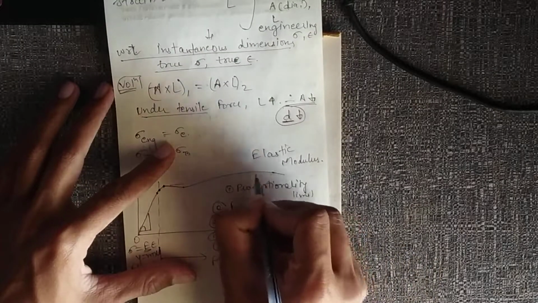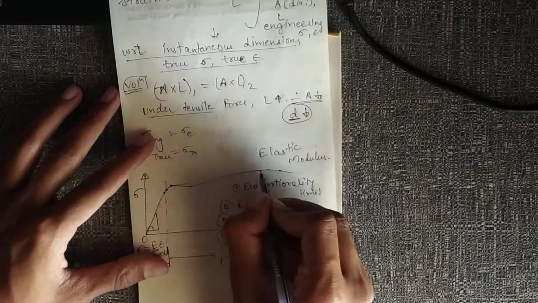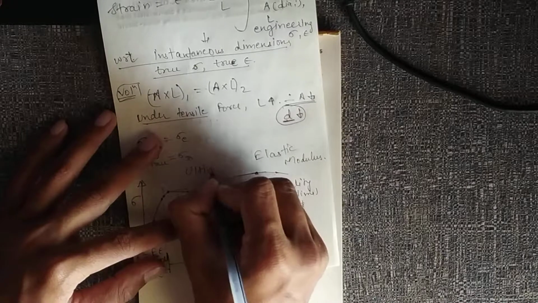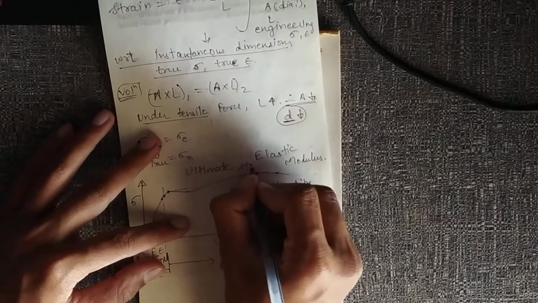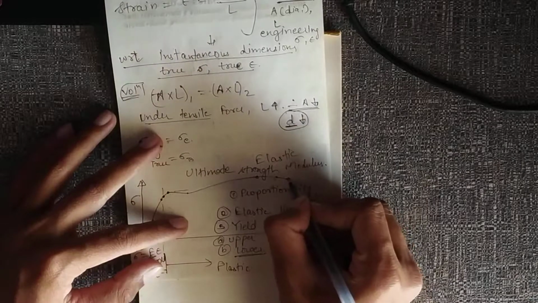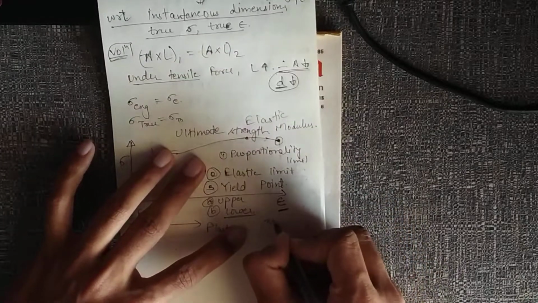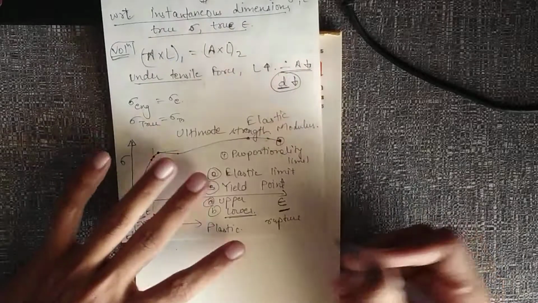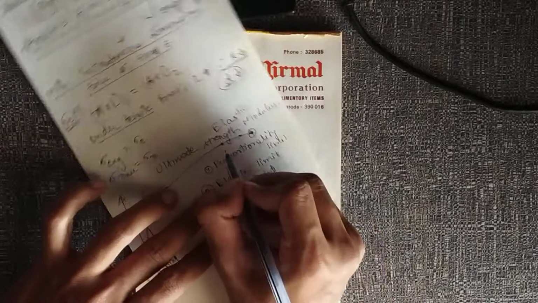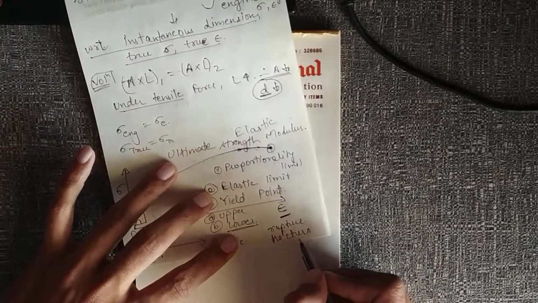The highest point on the curve, where the highest stress occurs, is called the ultimate strength, and the last point where it breaks is the breaking point, or rupture or fracture, and the portion between the ultimate strength and the rupture point is necking.